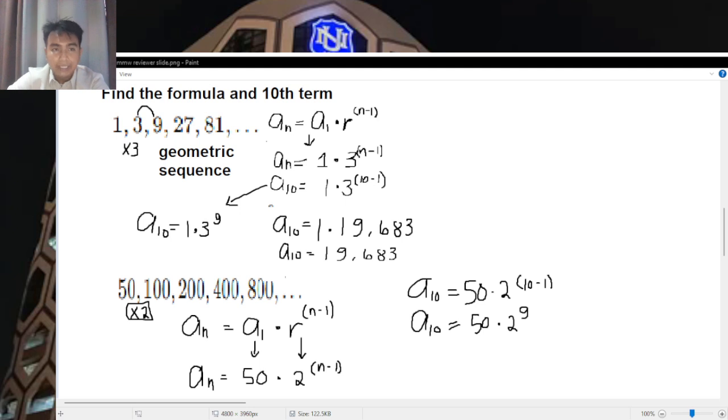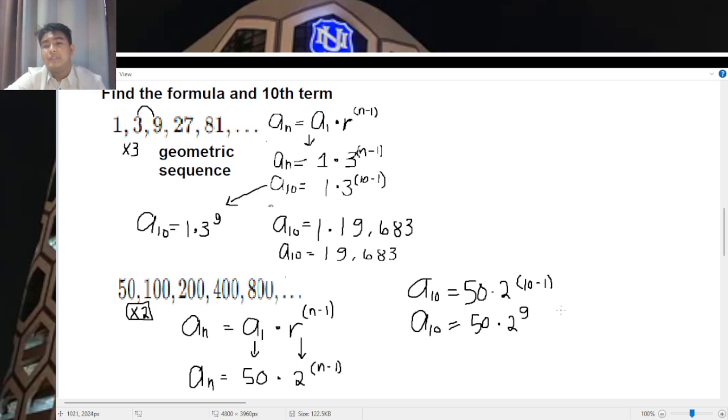So, again, if you're going to use your calculator, it means it's just 2, but 9 pieces of 2 being multiplied by itself. So, if you're going to use your calculator, it's going to be like this. 2 times 2, but there should be 9 of them.